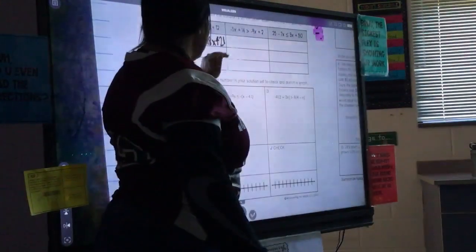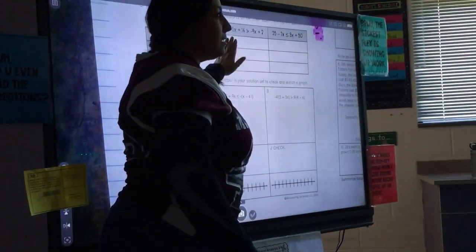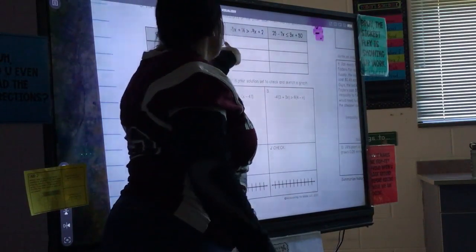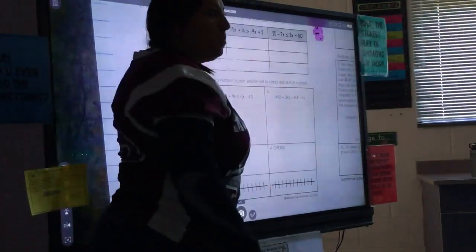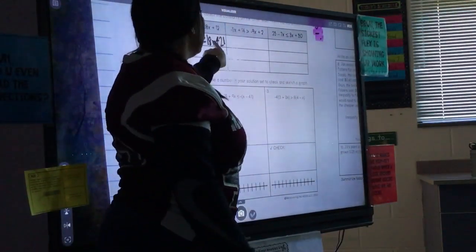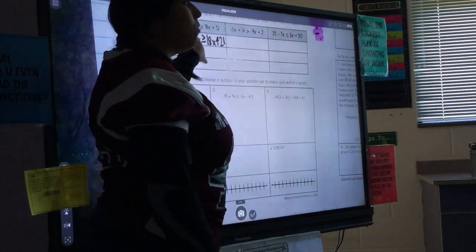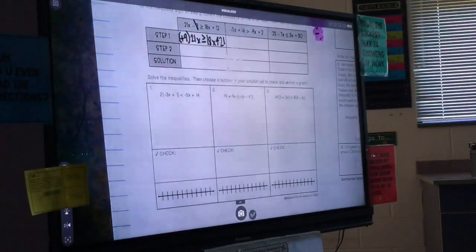We have 21x on one side and 18x on the other. We don't want to move 21 back over here. We're just going to keep going back and forth, right? We want to get this 18 to this side. What do we have to do with that?